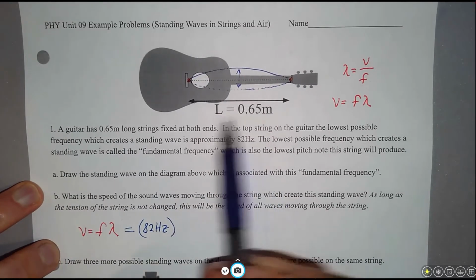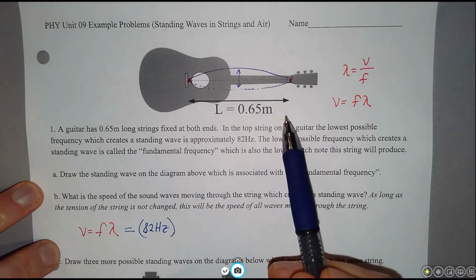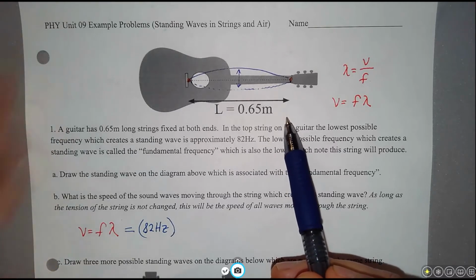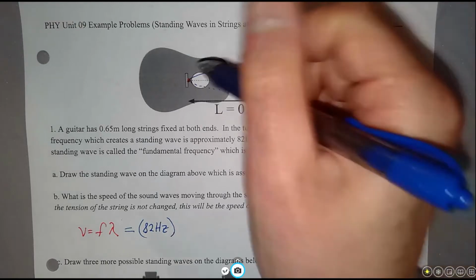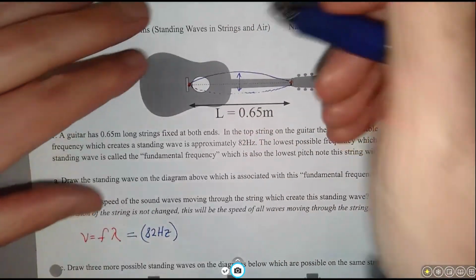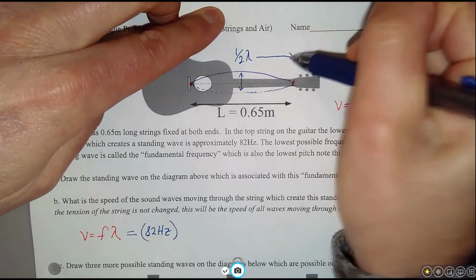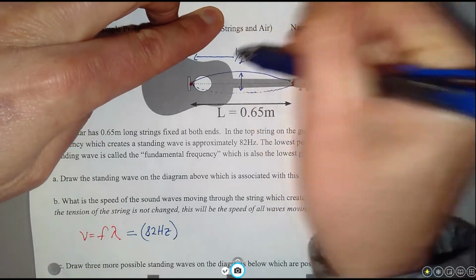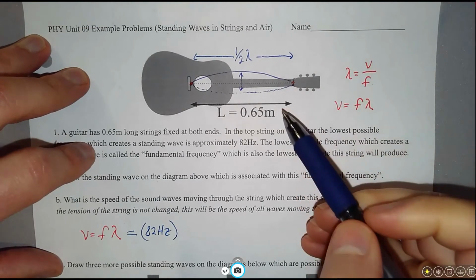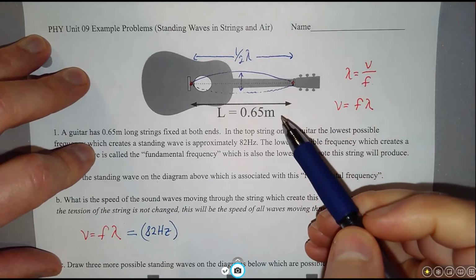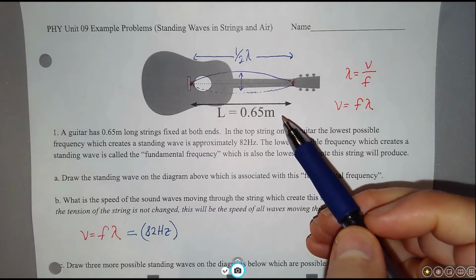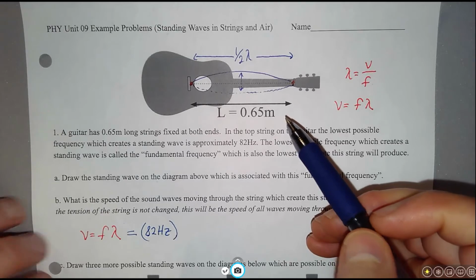Well, we've got a 0.65 meter long string, and how much of the wave fit inside of that length right there? Like from each of the fixed ends, this right here is only half of a wavelength from one fixed end to the other fixed end. So if half of a wave fits in 0.65 meters, what's the full length? Well, it's going to be exactly double that. So 0.65 times 2 is 1.3 meters.